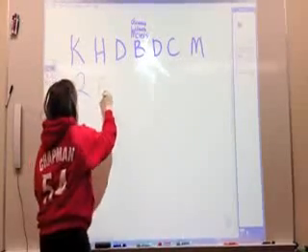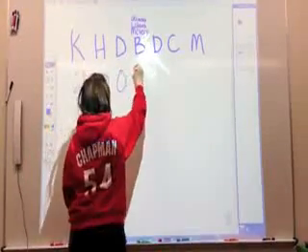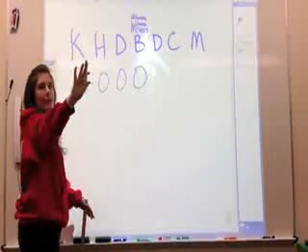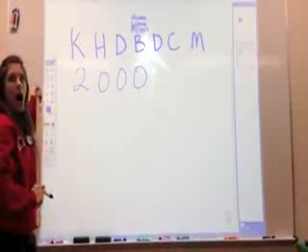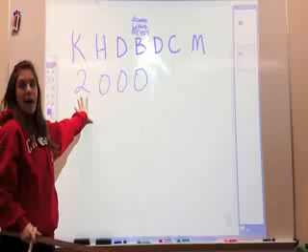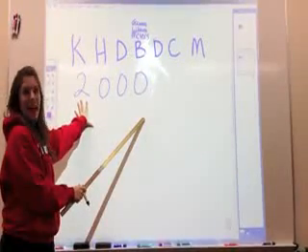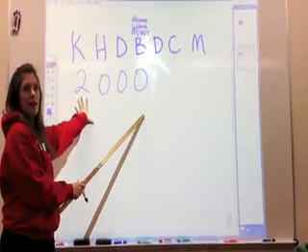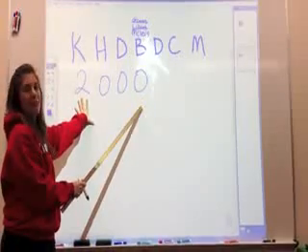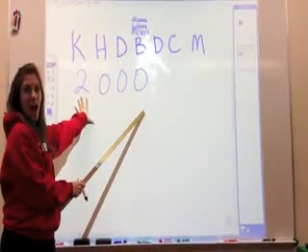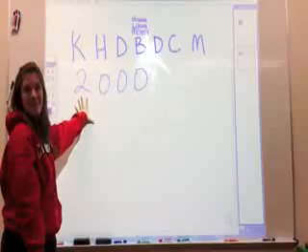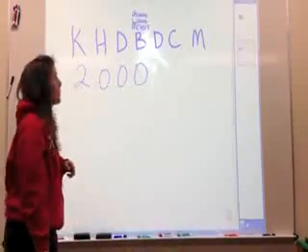So we got a 0, a 0, and another 0, and we stop, because we're at meters. There's 2,000 meters in 2 kilometers. Amazing. I think this is a pretty cool tool that we can use.